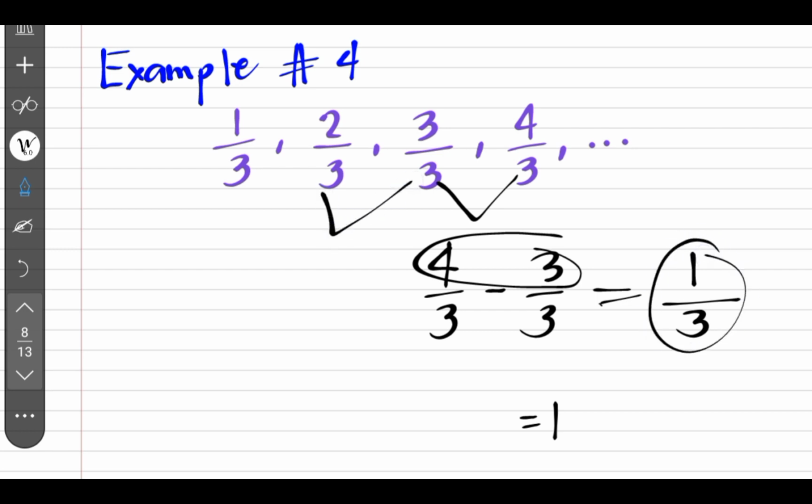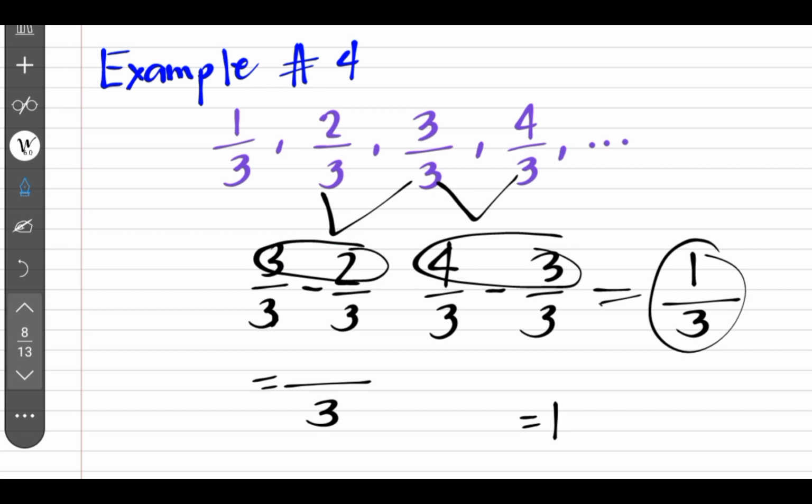Next, let's subtract 3 over 3 and 2/3. So again, you copy the denominator, which is 3, since they are similar fractions, and subtract the numerator. So 3 minus 2, you have 1. So again, the difference is 1/3.